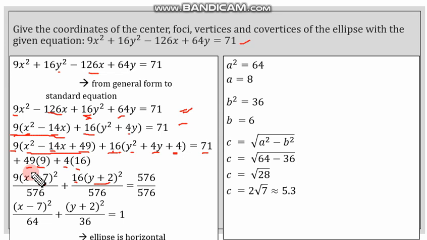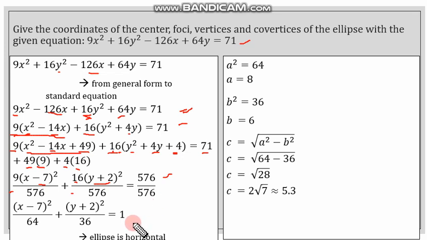So 49 times 9 is 441, and then 4 times 16 is 64. So 71 plus 64 plus 441 is equal to 576. Next, you will divide the right side of this equation. So 576 divided by 576. Also, we will divide the left side of this equation to get the standard equation of the ellipse.